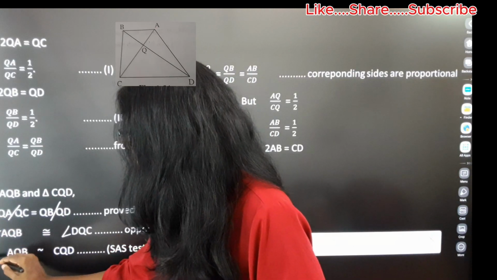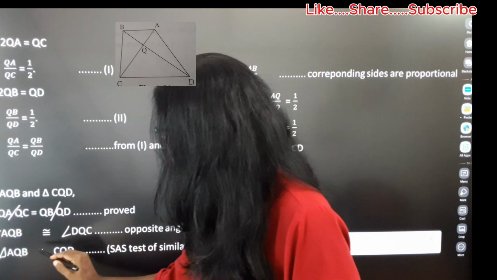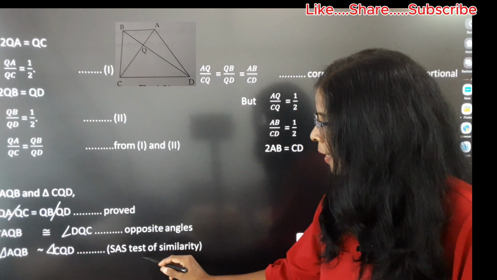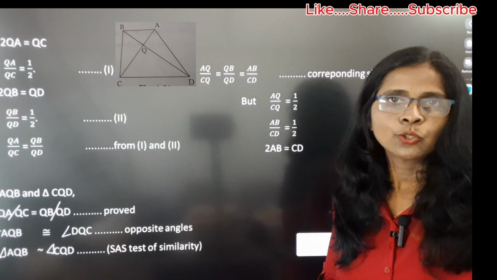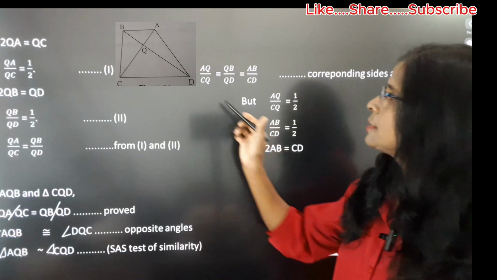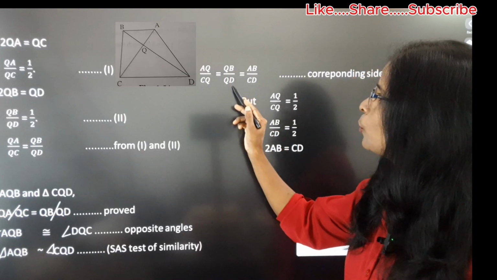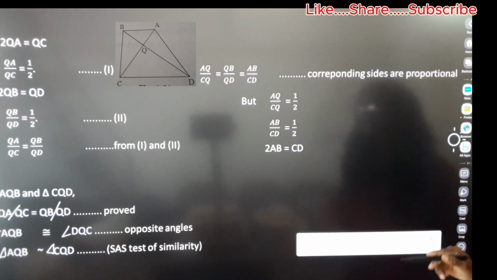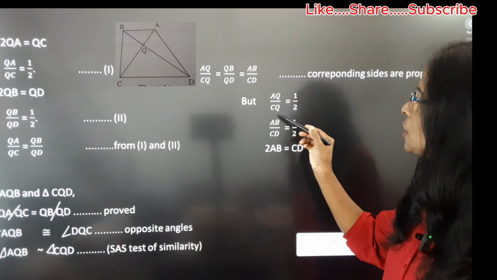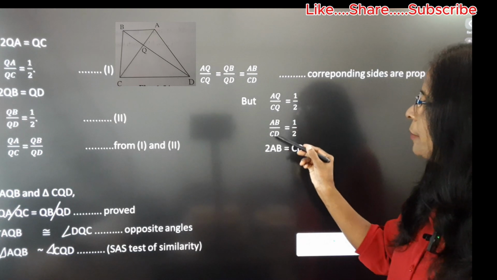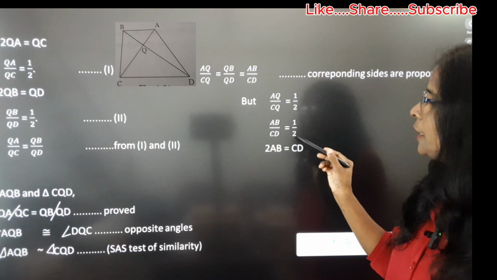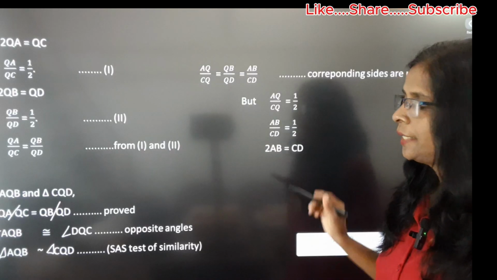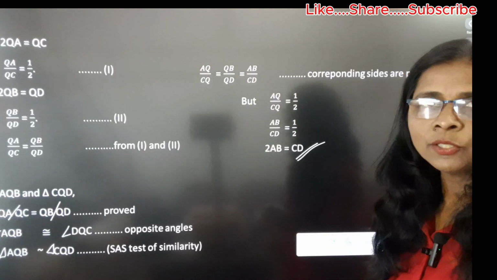Therefore triangle AQB is similar to triangle CQD by the SAS test of similarity. So AQ upon CQ is equal to QB upon QD, which is equal to AB upon CD, as corresponding sides are in proportion. But AQ upon CQ is equal to 1 upon 2, so AB upon CD is equal to 1 upon 2. Cross multiplying, 2AB is equal to CD, which was to be proved.